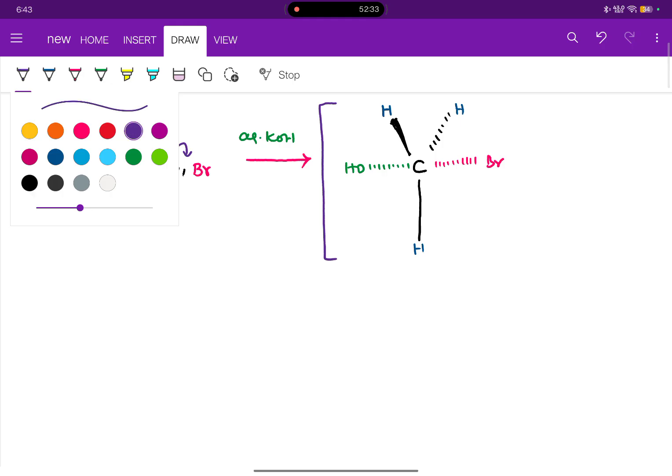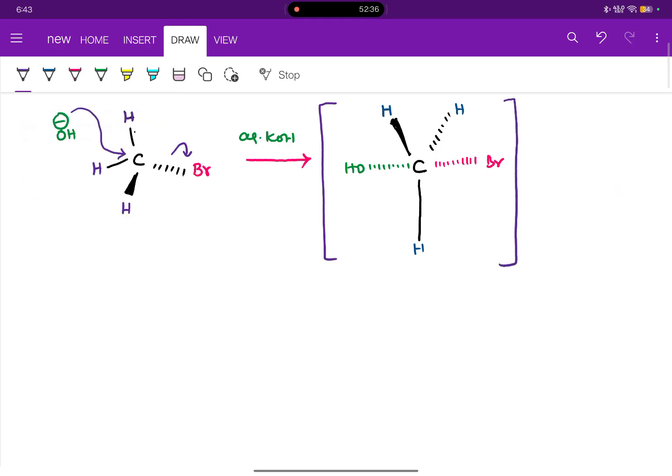So this is a pentavalent transition state and it is very, very short-lived. Before you can even say the transition state has formed, the product will form.